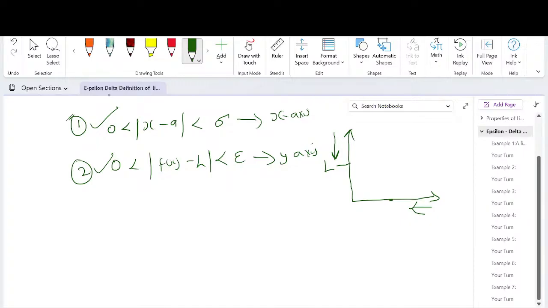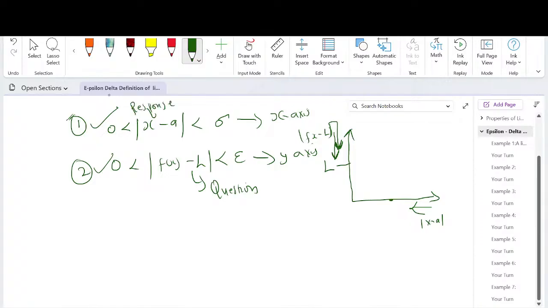So it's like you have the absolute value of f of x minus L here, and the absolute value of x minus a here. This one is asking how close do you want to be? It's like the question, so to say, and this one is like the response.